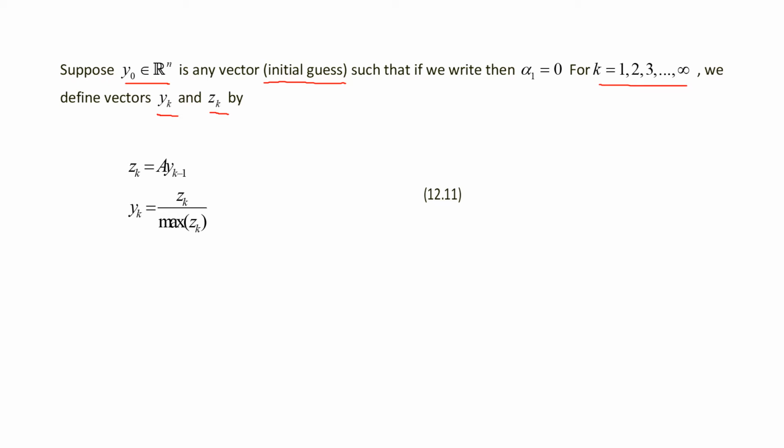If we want to find z1, we multiply the given matrix A with the initial guess y naught, and later this zk will help us to find yk.